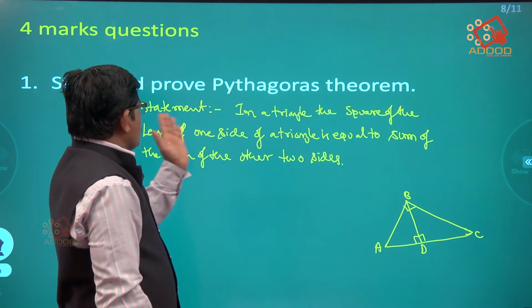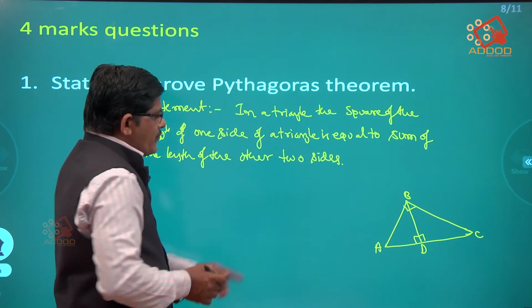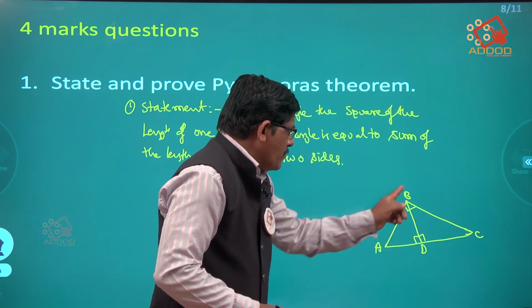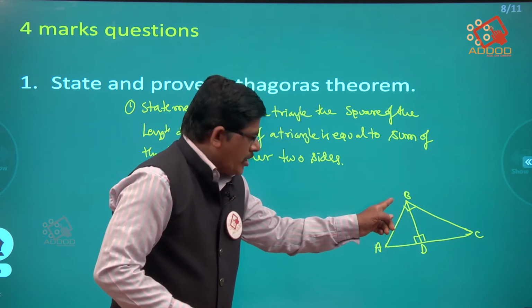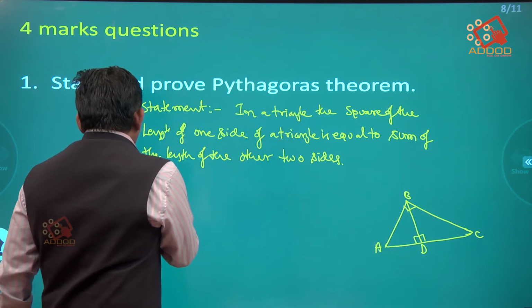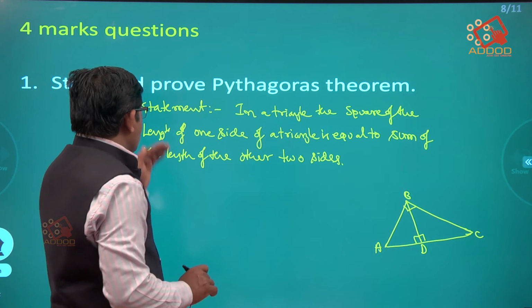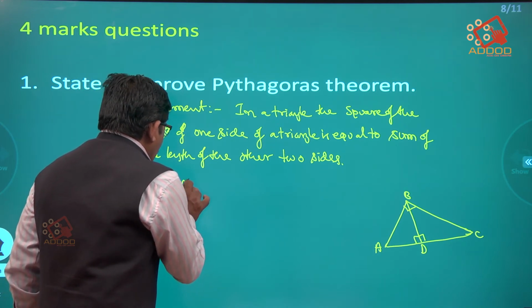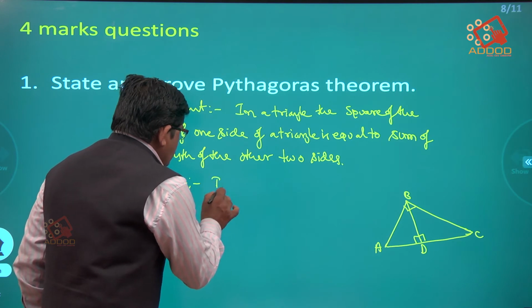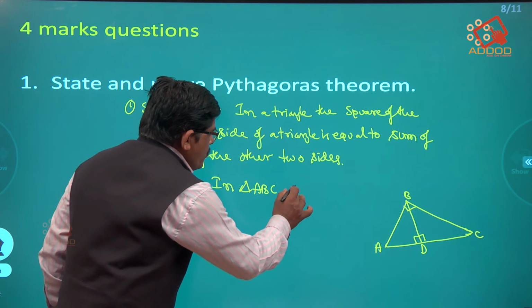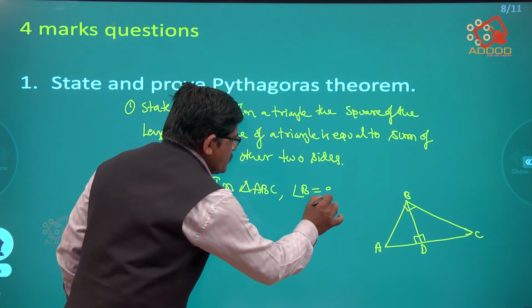After writing the statement, draw the figure. In triangle ABC, angle B is equal to 90 degrees, BD is perpendicular to AC. Next, what is given? In triangle ABC, angle B is equal to 90 degrees.